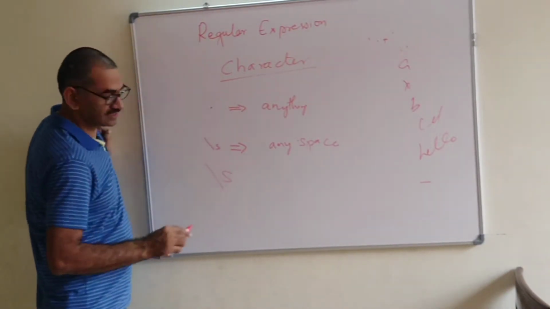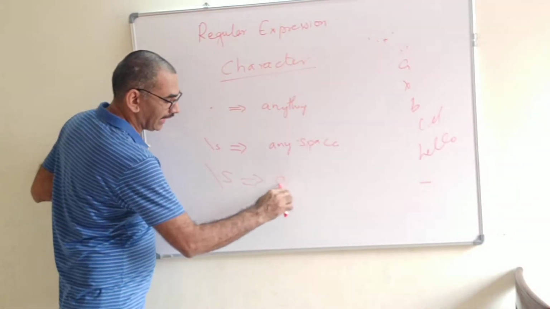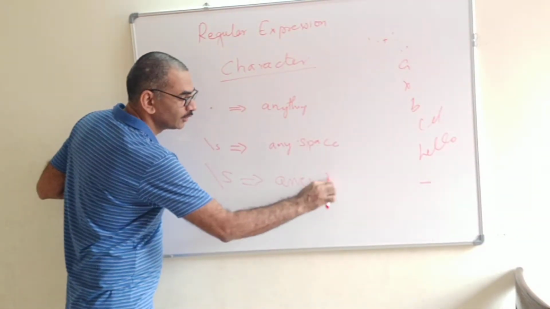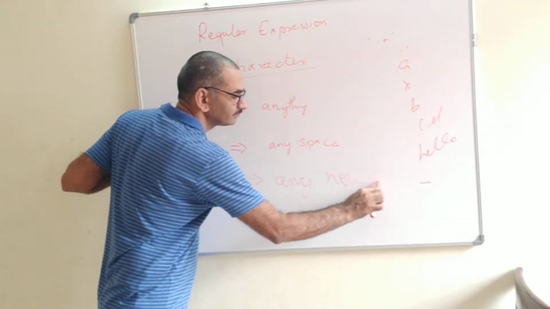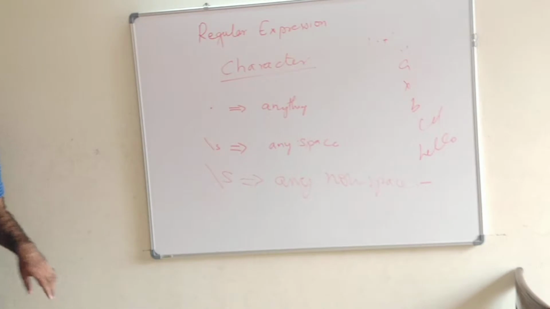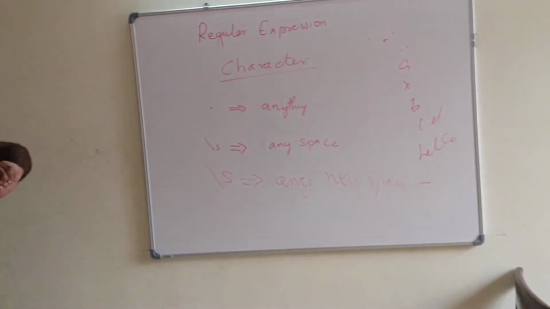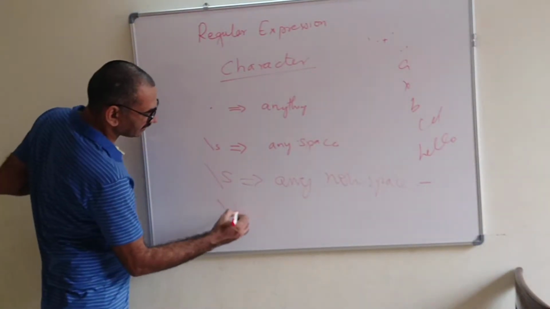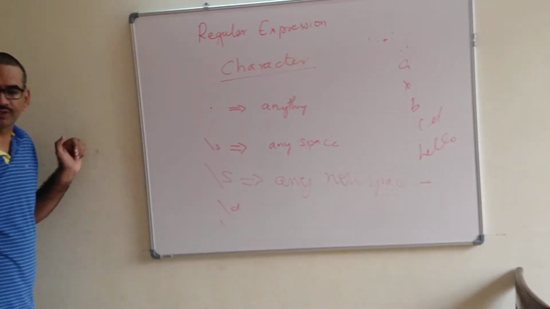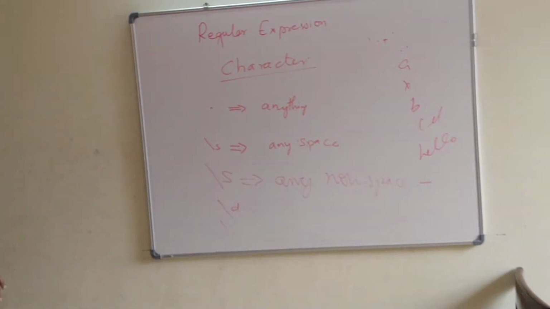Capital S, this is small s, and capital S means any non-space character. Okay? Then there are many other things like D and W, where W is for word character and D is for decimal character, and all that.